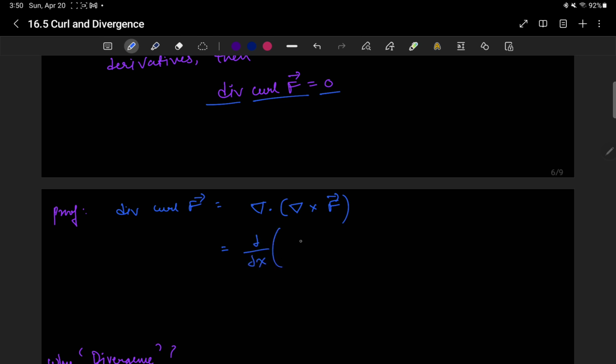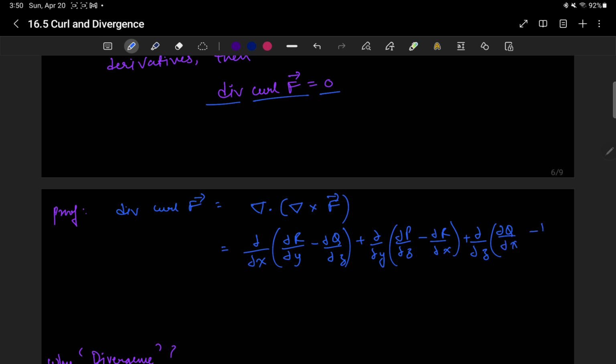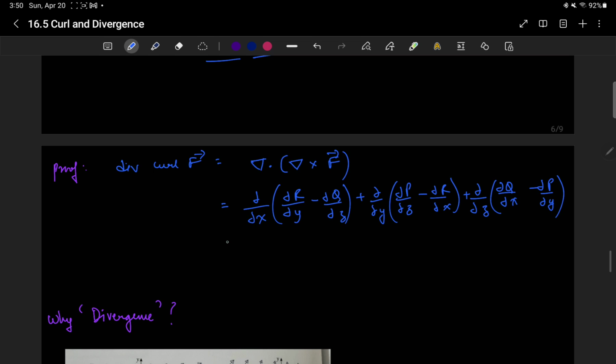So this is going to be ∂/∂x, writing out the expanded form instead of the determinant, because that makes it easier to see what's going on here. ∂Q/∂z minus ∂R/∂y, and so on, and something similar to what happened in that previous proof where we said that for a conservative field, if you take the curl of a gradient field, it was 0.